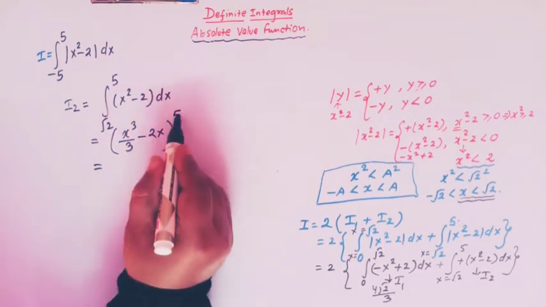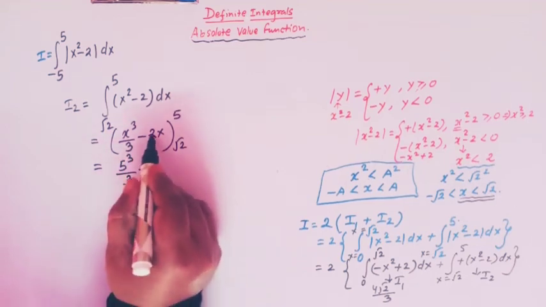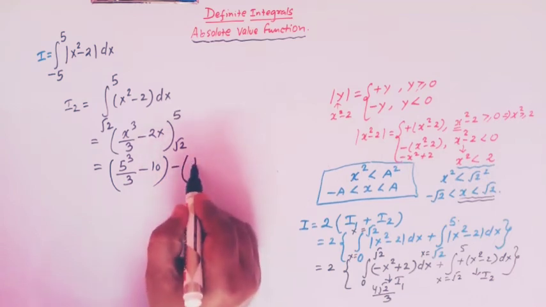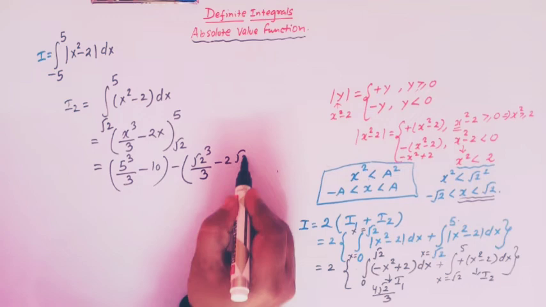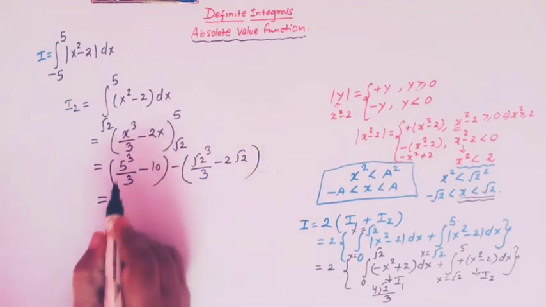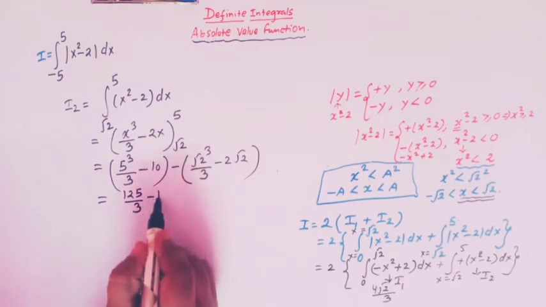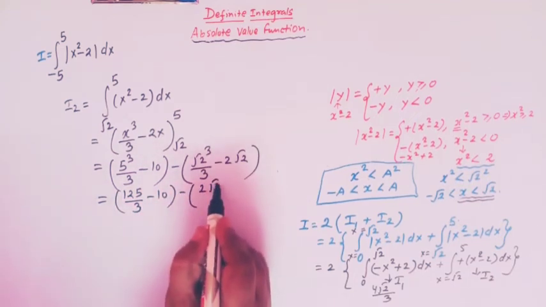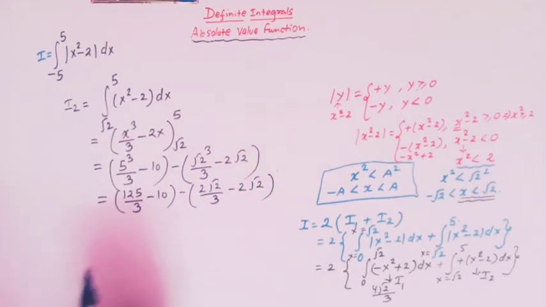Now substituting the limits, we have 5 cube over 3 minus 2 fives are 10 here, and then we have minus root 2 cube over 3 minus 2 root 2, right? Now this is 5 cube, that is 125 over 3 minus 10, and here we have minus 2 root 2 over 3 minus 2 root 2, right?